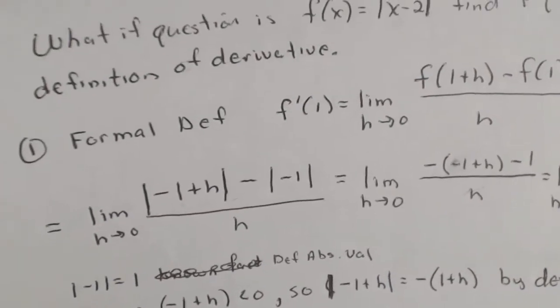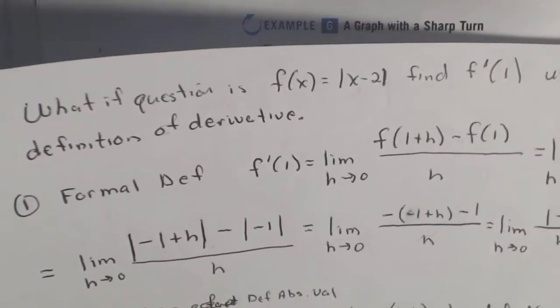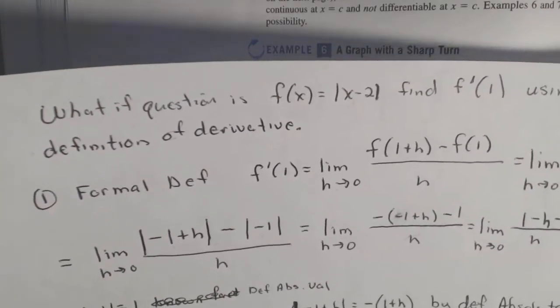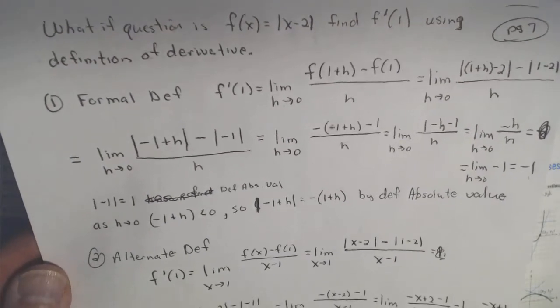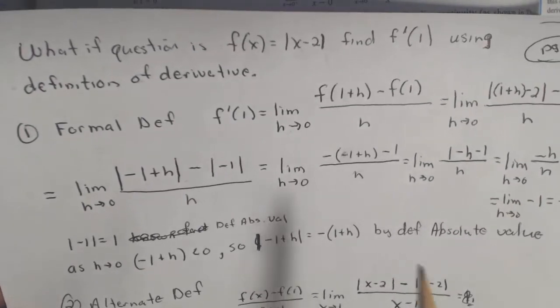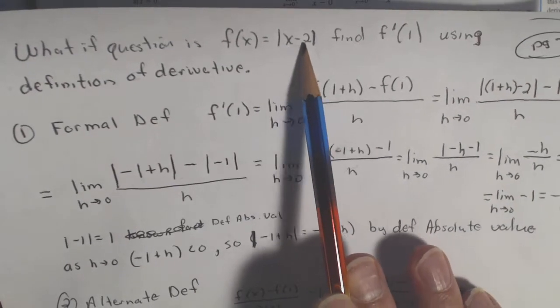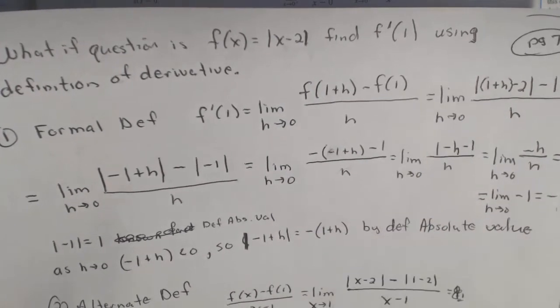So here is the formal definition of the derivative proof, sort of completing different types of proofs that we know for formal definitions. Okay, so what we're doing is, what if the question was, for f of x equals absolute value of x minus 2, what's f prime of 1 using the definition of the derivative?